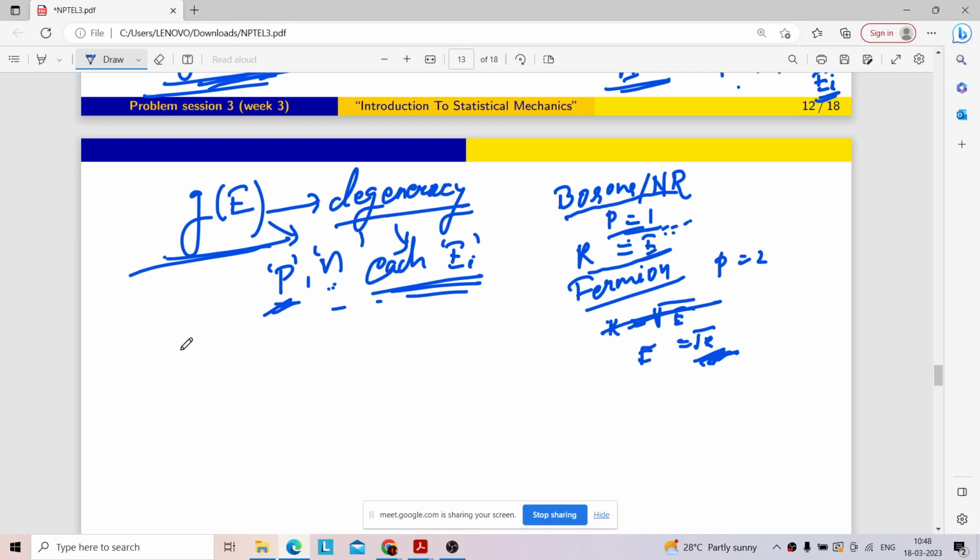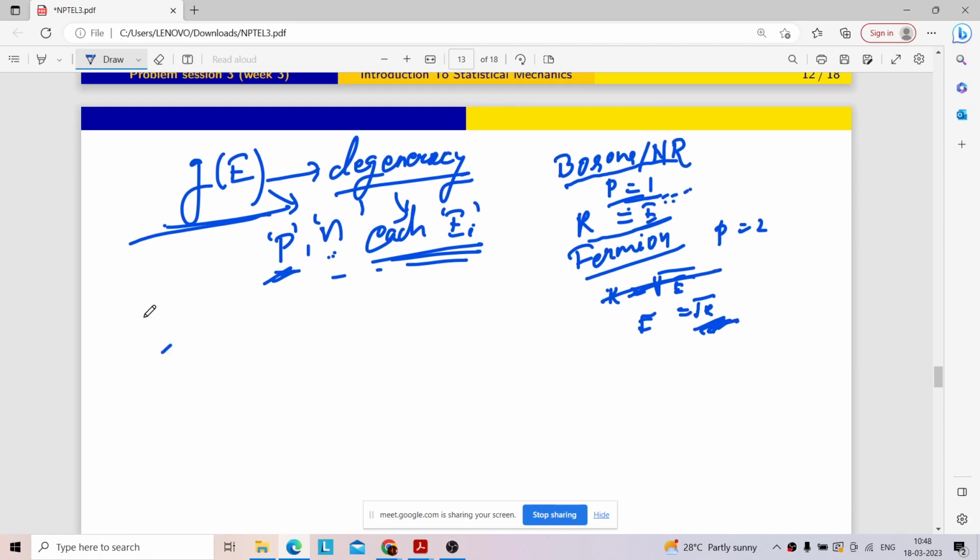Now let's talk about distribution. For Fermi-Dirac, we have the distribution of E as 1 over e to the power of energy of state minus chemical potential, divided by kB T, for fermions.